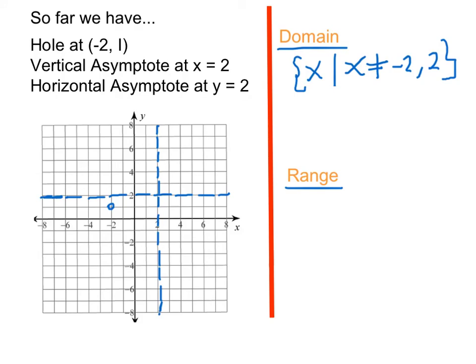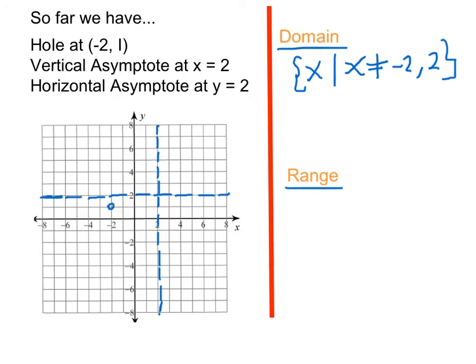Similarly, to find the range, we will look at all the y values from negative infinity to infinity. As we're coming from negative infinity, everything is allowed up to the point here, y equals 1, where we have a hole and we have to skip. And then we also skip at y equals 2.